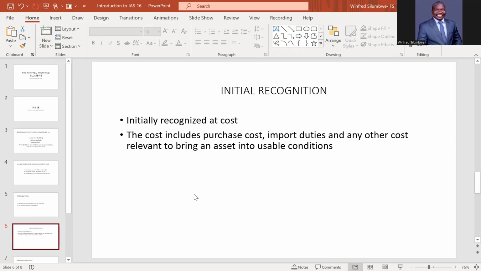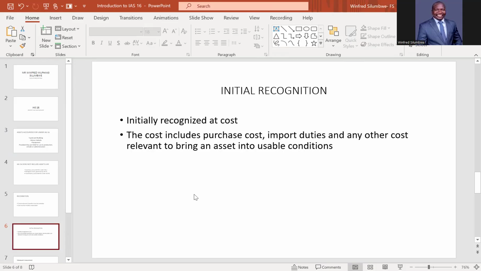These costs include the purchase cost, the price at which you bought that asset, import duties, maybe if you paid some customs duties there, you add, and any other cost that is needed to assemble that asset to become usable. For example, if you buy a plant, an equipment which requires you to install it somewhere for it to become usable, like for example a milling plant.